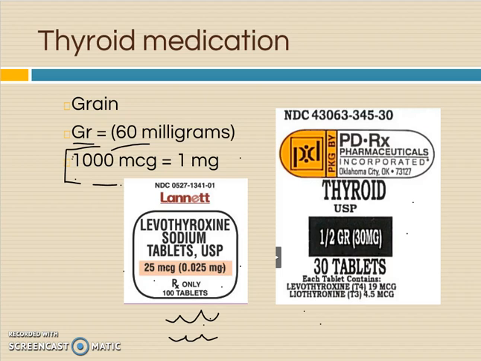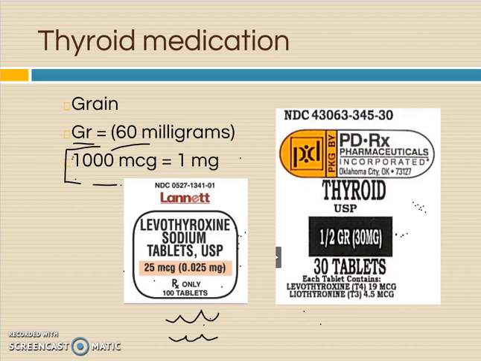Anyway, you might be wondering, well, why is this 30 milligrams? That sounds like a really big dose if this one is 0.25 milligrams. And I can just tell you that this thyroid is more of a naturopathic, homeopathic type of thyroid, whereas this one is what you're going to find in the Western medicine formularies.